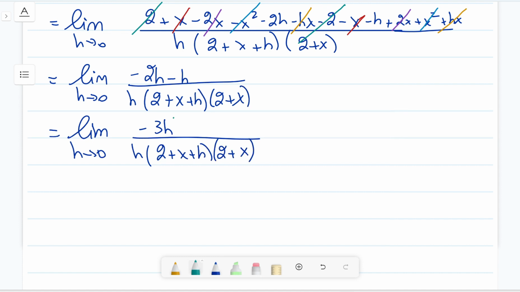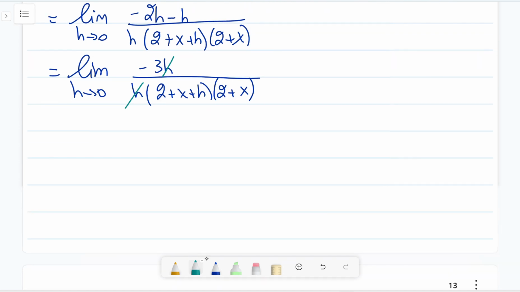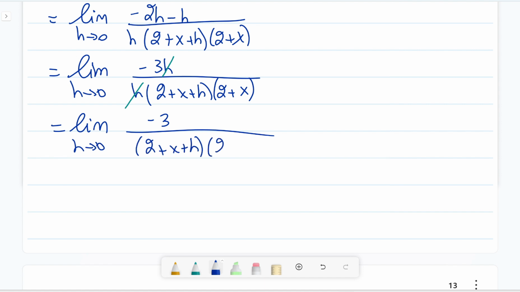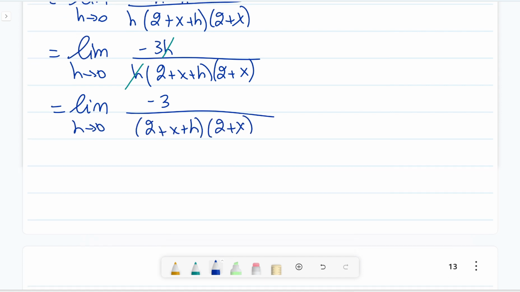And now since we have an h in the numerator and the denominator, we can cancel the h. And this leaves us with the limit of negative 3 divided by 2 plus x plus h times 2 plus x as h approaches 0.